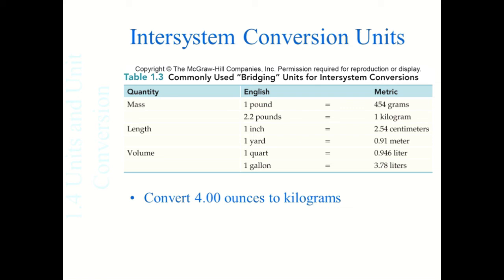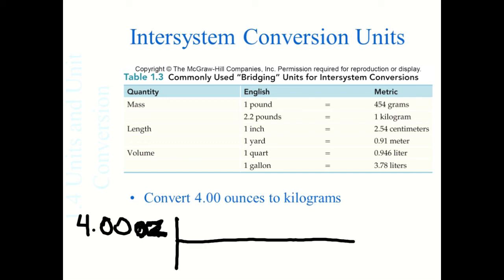Convert 4.00 ounces to kilograms. Okay? So what do I start with? Ounces. And I want to convert it to kilograms. Now, hold on a second. Can I go straight from ounces to kilograms here? I can't. But what can I go from ounces to?